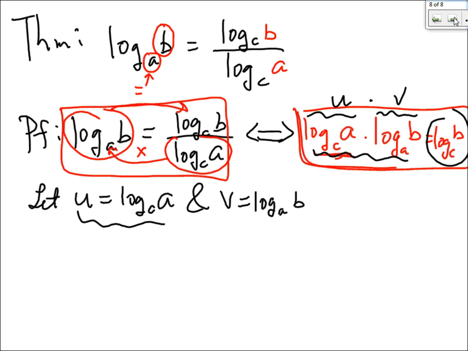This tells us that c to the u is a. And this tells me that a to the v is b. Now, this here is asking c to what power gives me b.